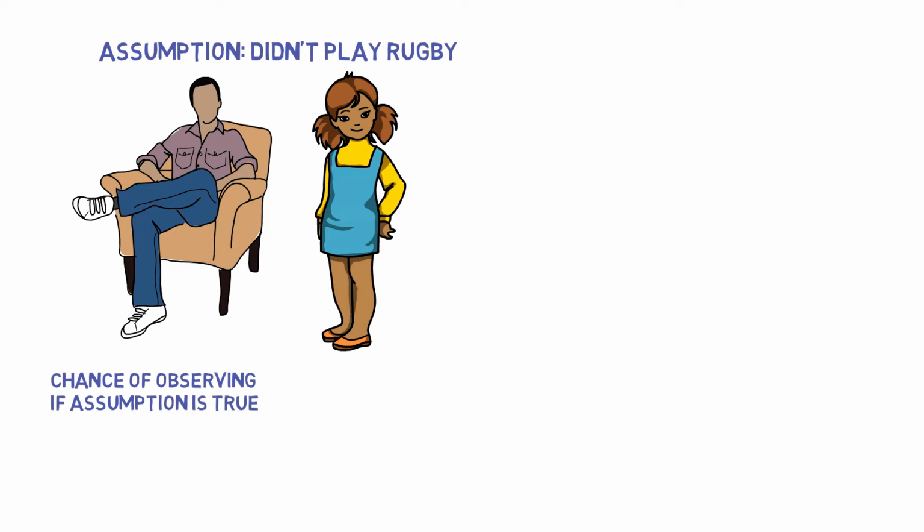What's the chance that I observe what I see if that assumption that she didn't play rugby is true? And then if that seems quite unlikely, or if it's unlikely to observe what I did, if the assumption that she didn't play rugby is true, then he will reject that initial assumption.